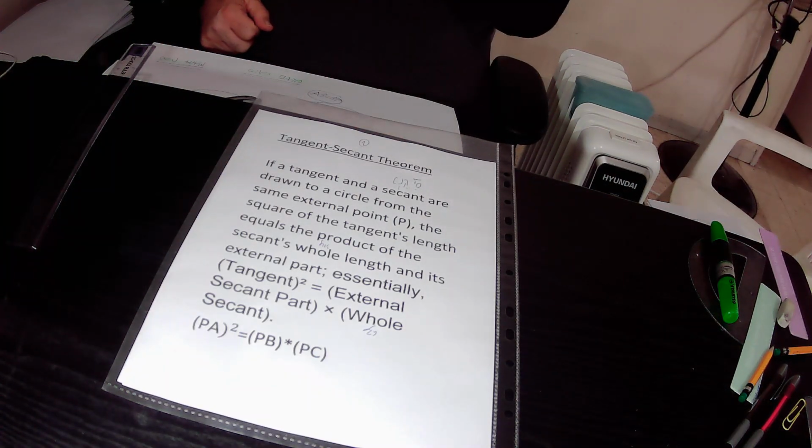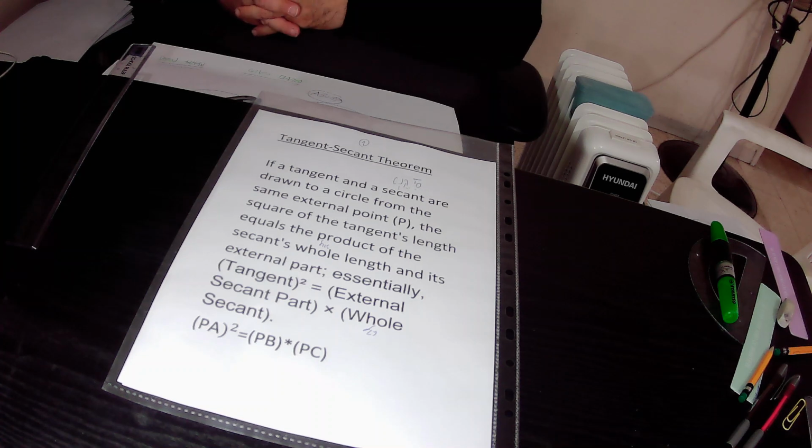So according to the tangent secant theorem, in our drawing, the following equation is true. The square of the tangent length equals the product of the secant's whole length and its external part.